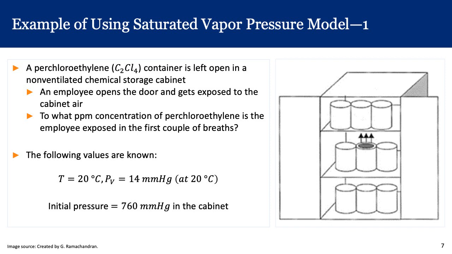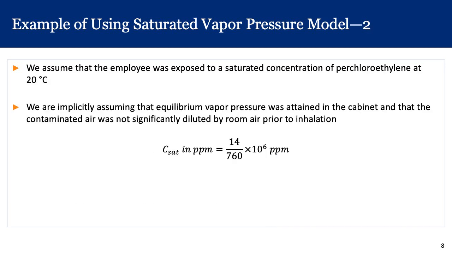So let's assume that we know the temperature, it's 20 degrees Celsius. We know the vapor pressure for perchloroethylene, it is 14 millimeters of mercury at 20 degrees Celsius. And we'll assume that the pressure in the cabinet is 760 millimeters of mercury. That is the standard atmospheric pressure at sea level.